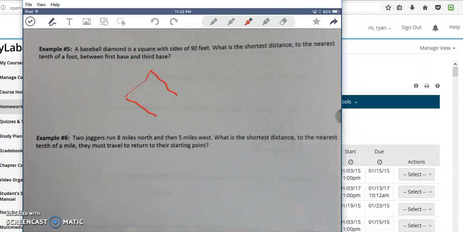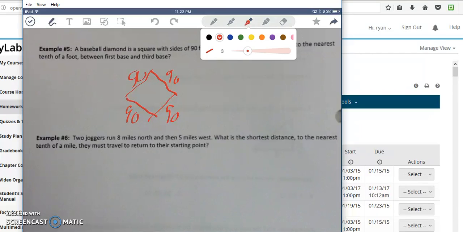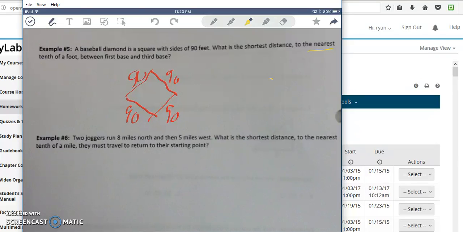The next question is asking about a baseball diamond. And this is my poor attempt at a baseball diamond, but it's basically a square, and each base is 90 feet away from each other. It's asking what's the closest distance to the nearest tenth of a foot, so we're going to be rounding, from first to third.